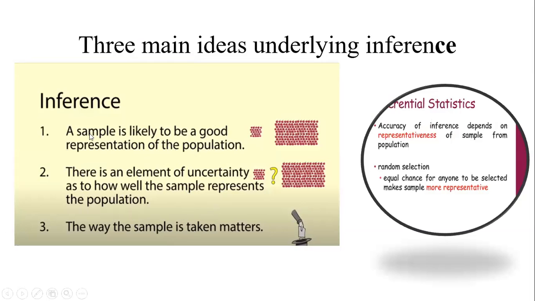Keep in mind, a sample is likely to be a good representation of the population. The sample size is very important, and so is the uncertainty. We can't say exactly that the sample results will match the population, but we can do an approximate calculation. And the third one is the way you take your sample, so you need to have a good idea about sampling also.